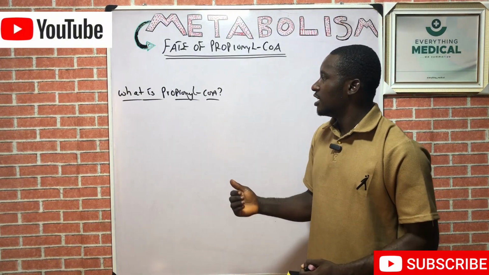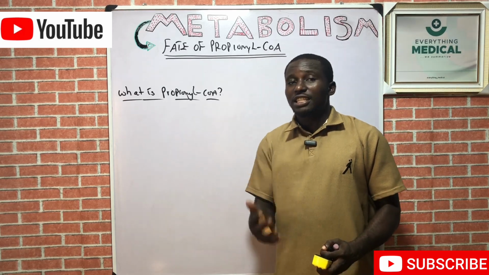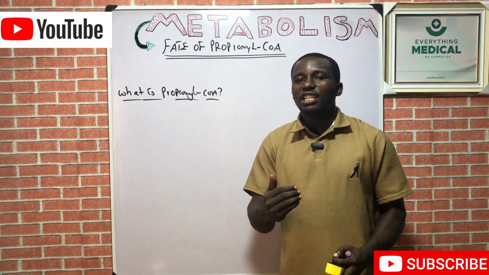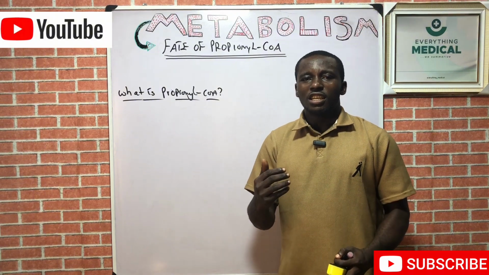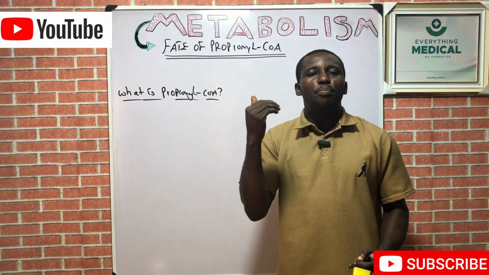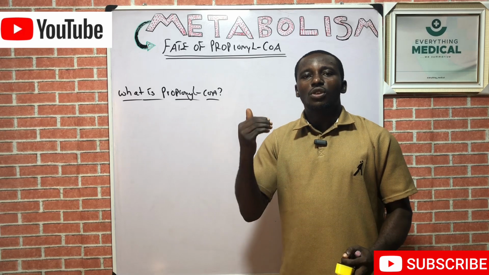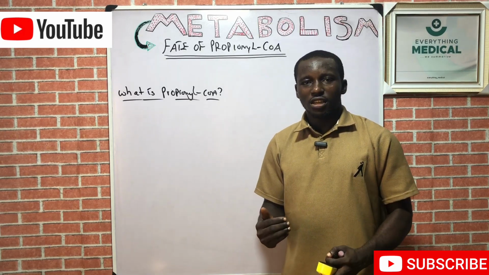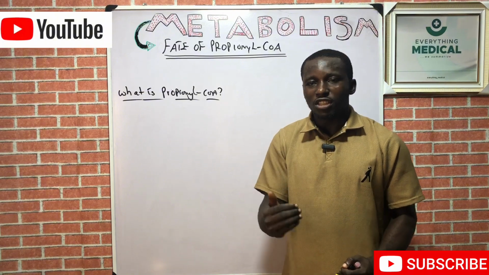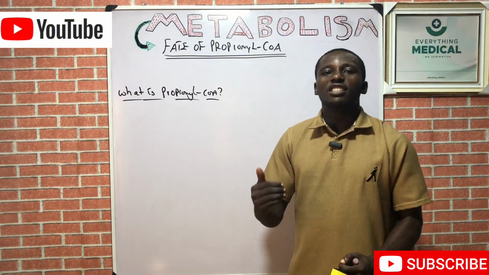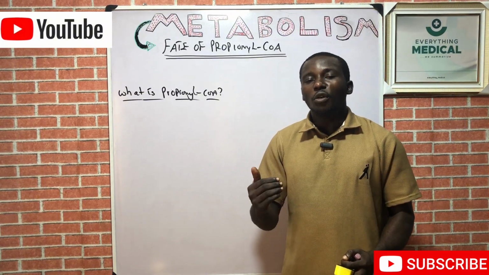As you can see, it is the only fatty acid that is potentially gluconeogenic because it is a secondary precursor of gluconeogenesis. They are primary and secondary precursors of gluconeogenesis, but this propionyl-CoA is a secondary precursor of what?